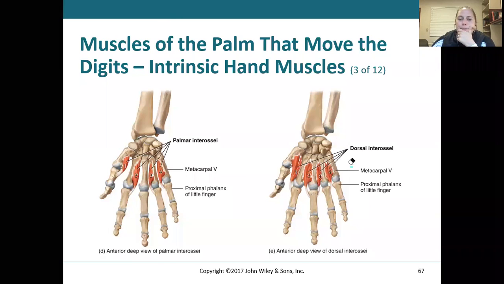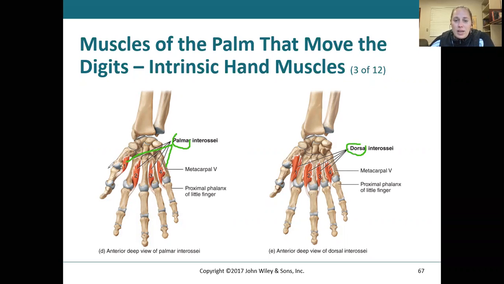Okay, so again, if we're cutting away a lot of the other muscles of the hand here, you can see the palmar interossei and your dorsal interossei, where they sit on the hands. I think this is getting down to a level of detail that I might not require of this class, but it is good information to have. Although I think it might be difficult given our level of knowledge to identify the palmar versus dorsal interossei.